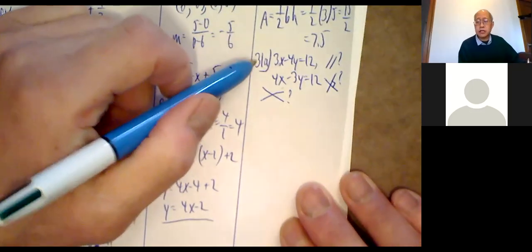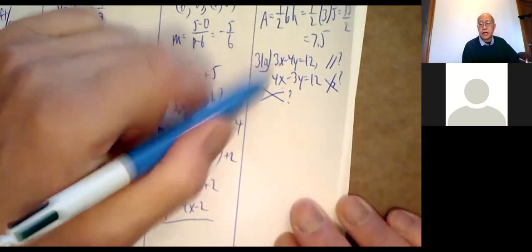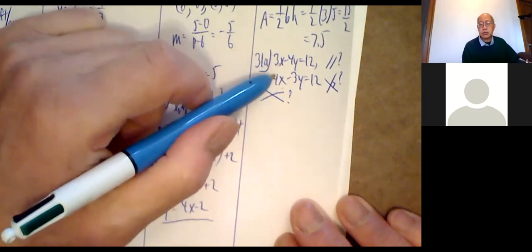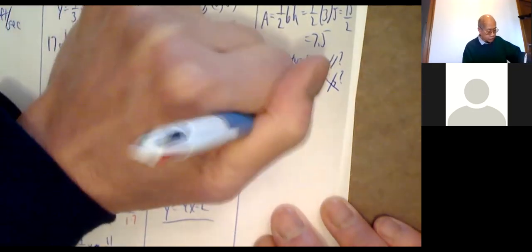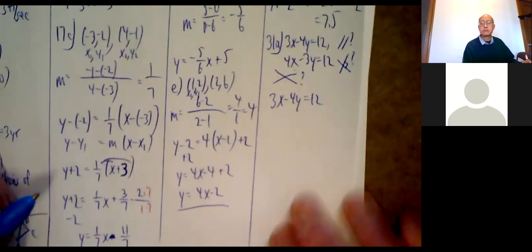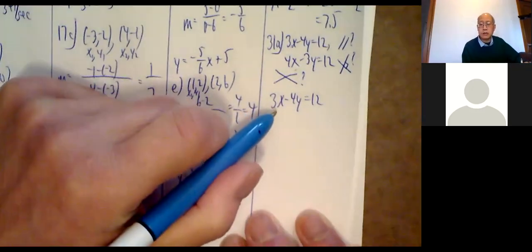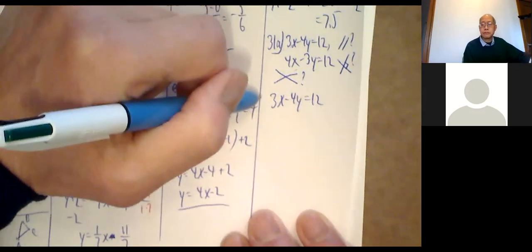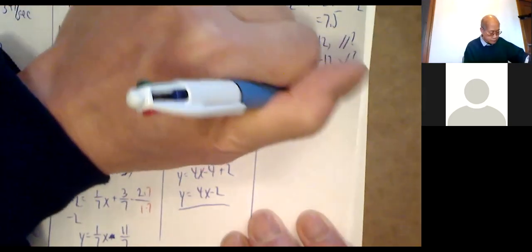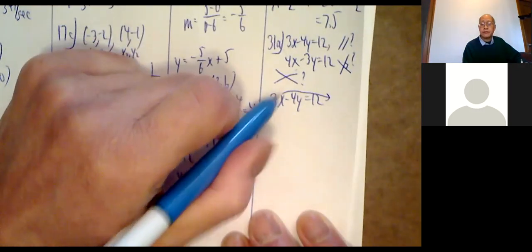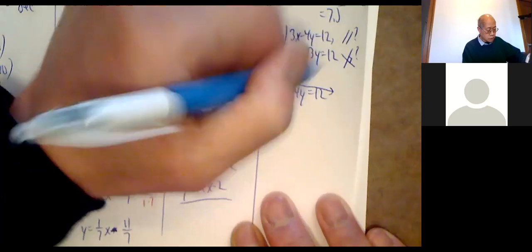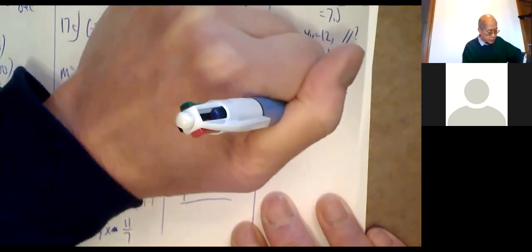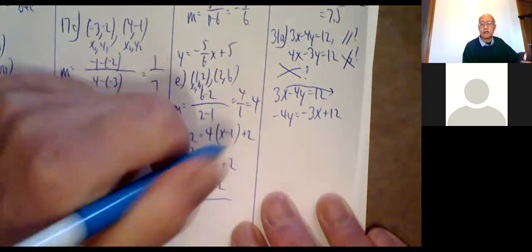So in order to determine it, I need to find the slope. If you give it to me like this, the way to find the slope is to make it look like slope-intercept form. Solve for y. So 3x minus 4y equals 12. Make it look like y equals mx plus b. So how about subtract 3x? And I mentioned before, this is my way of saying subtract 3x on both sides. So negative 4y equals negative 3x plus 12.